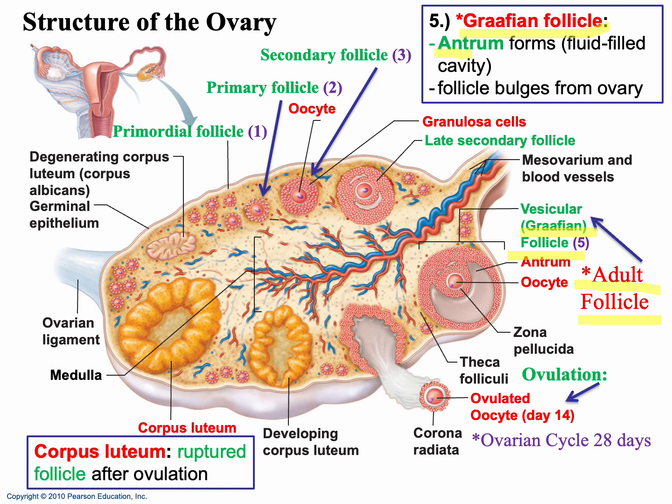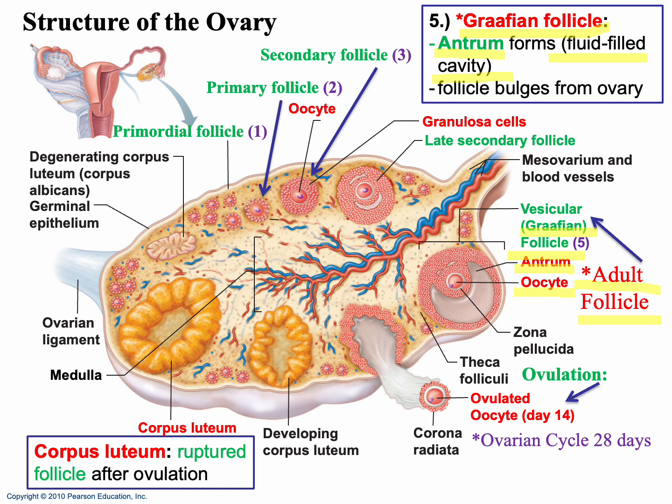A big part of the Graafian follicle is a structure known as the antrum, which is a fluid-filled cavity that you find internally in the adult follicle. So antrum. And like I mentioned, this adult follicle starts to bulge from the side of the ovary. And of course, in the middle is the egg, the oocyte.